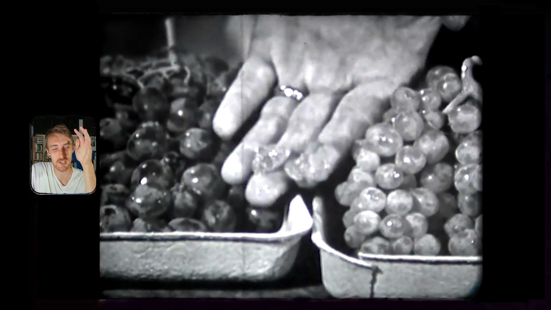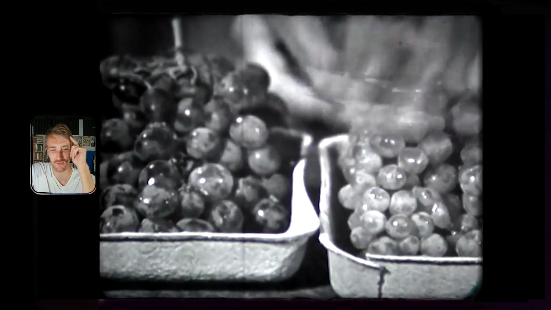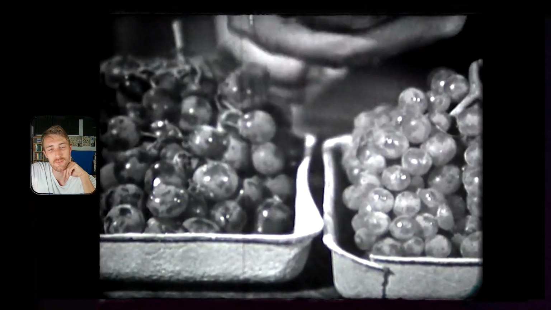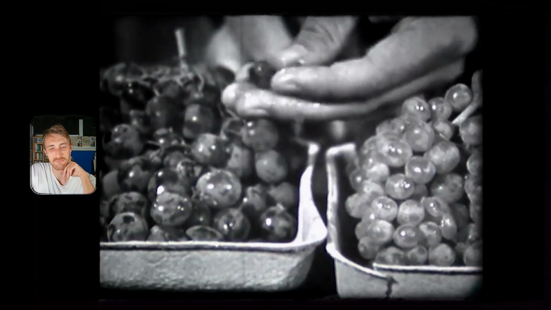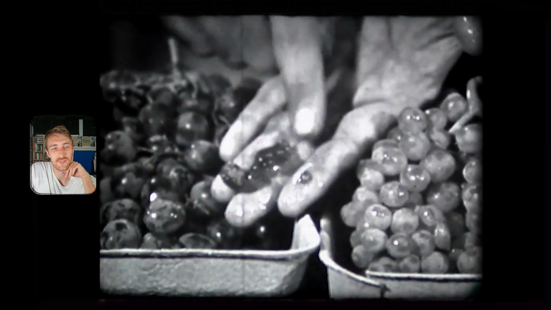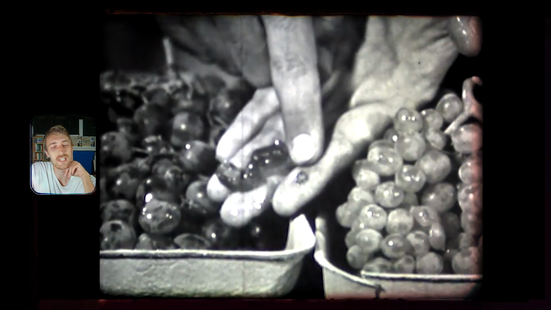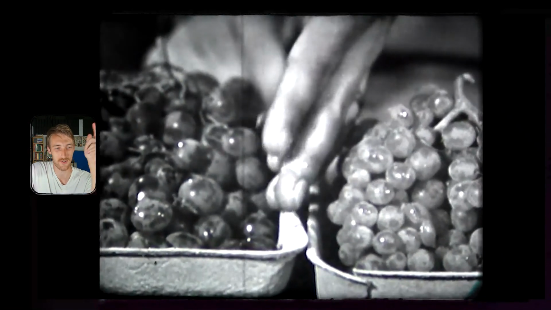We changed grapes to not have seeds only like 50 or 60 years ago. The ancient Romans and everything, the grapes that they grew, those all had seeds, I have to imagine. It's interesting to know how new the foods that we eat really are. Seedless grapes is a new form of food that didn't exist until very recently.